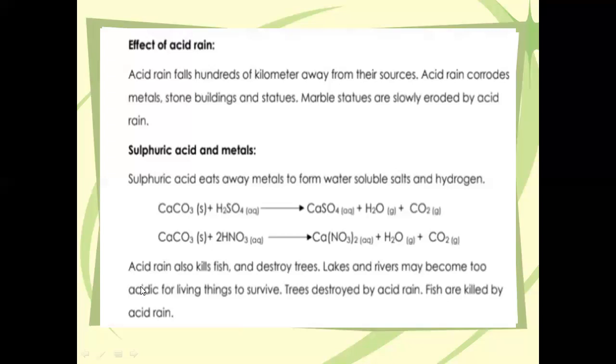Acid rain also kills fish and destroys trees. Lakes and rivers may become too acidic for living things to survive. Trees are destroyed by acid rain, and fishes are also killed by acid rain.